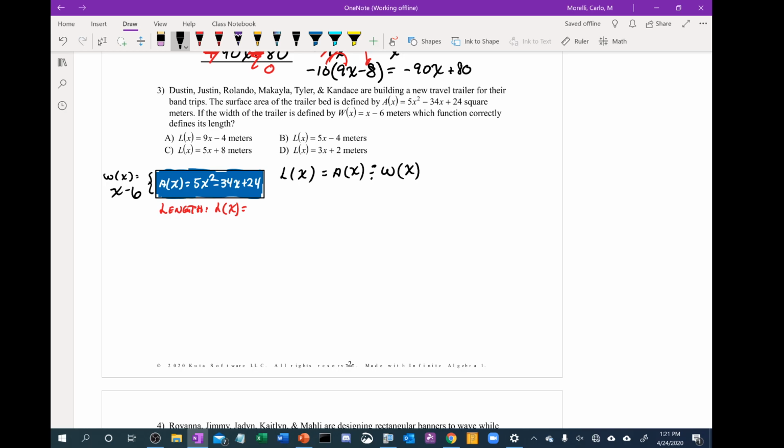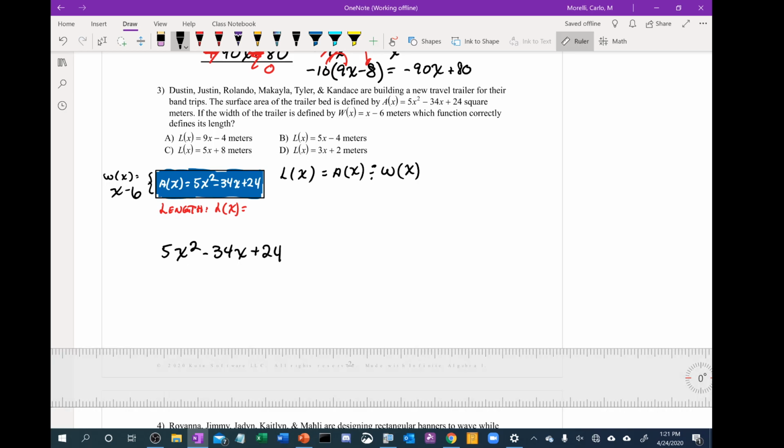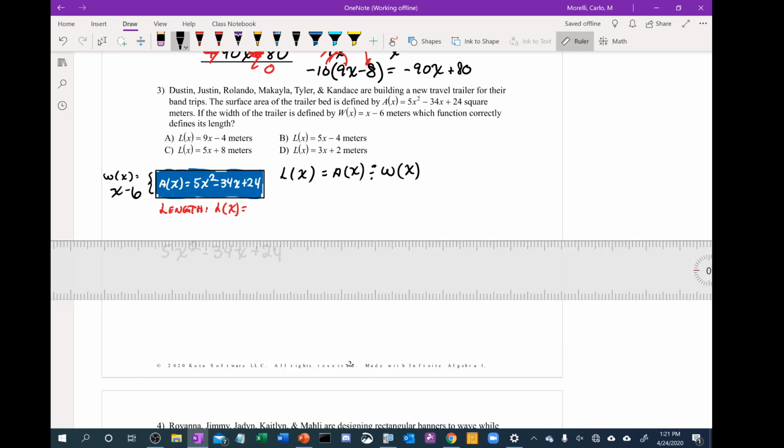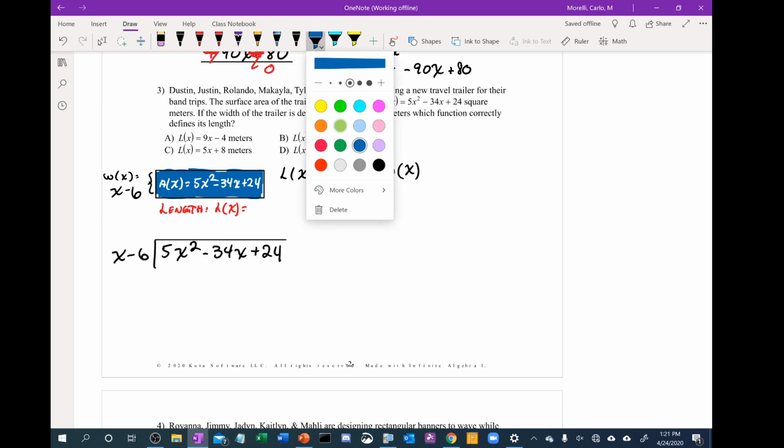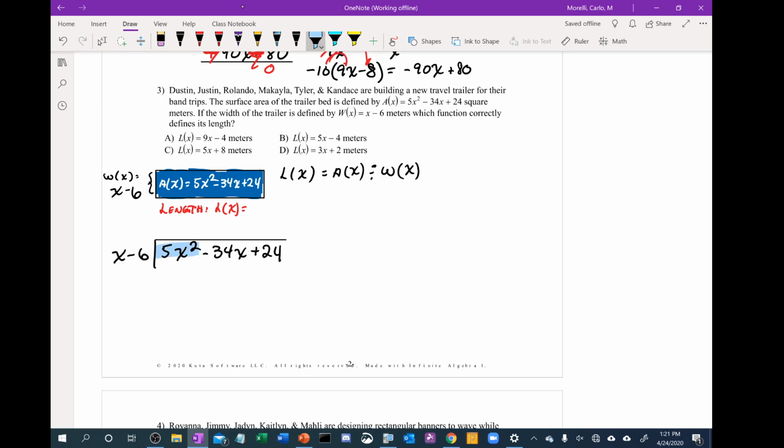Substituting values into our long division formula for polynomials, we have 5x squared minus 34x plus 24. And we'll put in that long division bar, and we'll divide by x minus 6. So we'll begin here by dividing the first term of the dividend by the first term of the divisor.